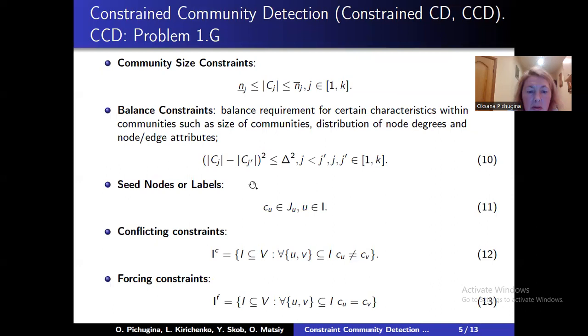Then seed nodes represent a requirement that some vertices have to be assigned to a certain community or a certain set of communities. Conflicting constraints represent a requirement that some vertices have to be in different communities, and forcing, in the same communities.